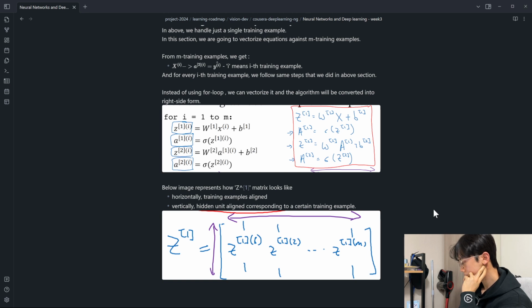Finally, let's just recap everything we talked about in this video. If this is your neural network, we said that this is what you need to do if you were to implement forward propagation one training example at a time, going from i equals 1 through m.